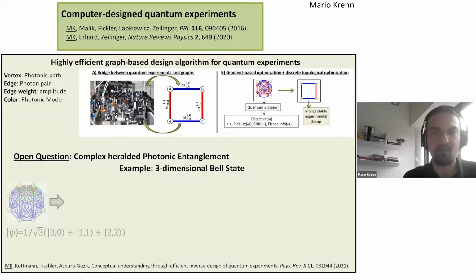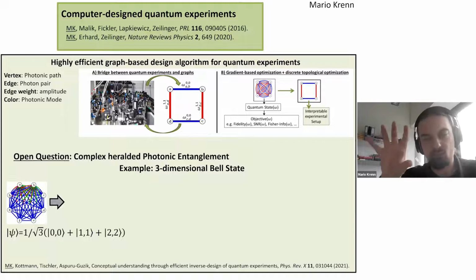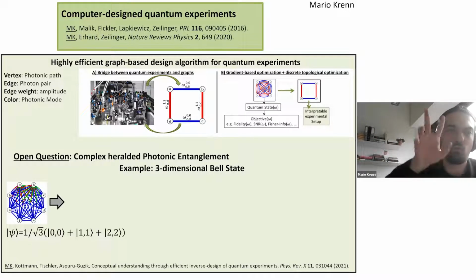So again, the idea is you have a few detectors, and if those detectors fire, then you know that from two other outputs, you have 100% sure this correct quantum state. And finding heralded entanglement is usually very complicated.